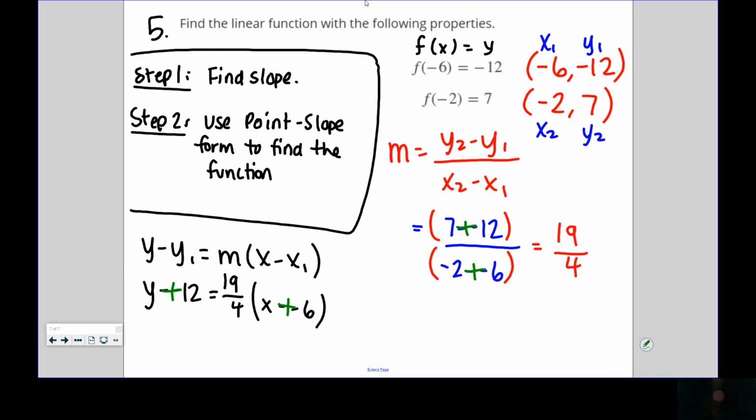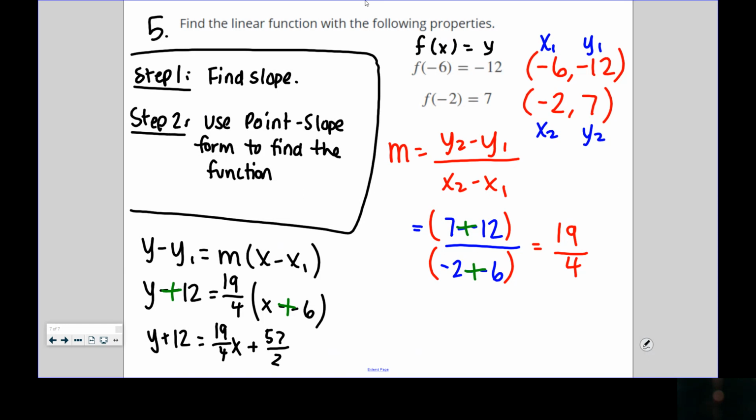I like to go ahead and multiply through on the right-hand side and then move the 12 over. I forgot my calculator today, so you might have to help me out. So that's going to be y plus 12 equals 19 over 4x plus 57 over 2.